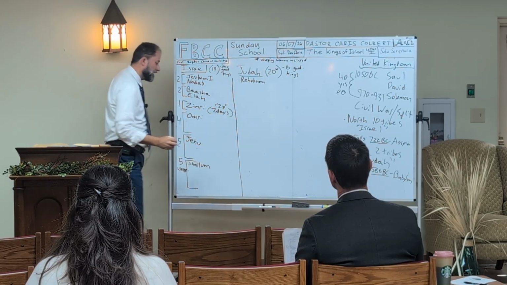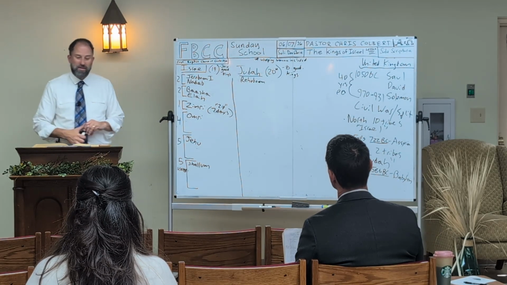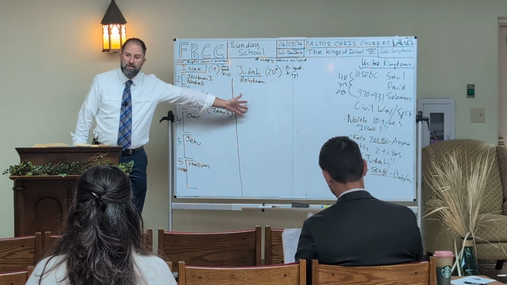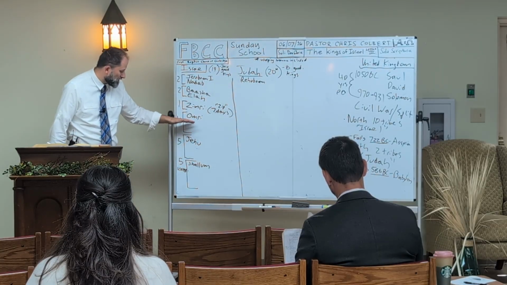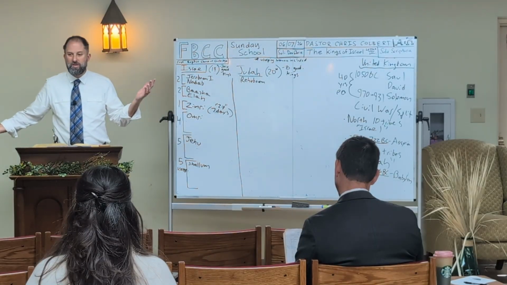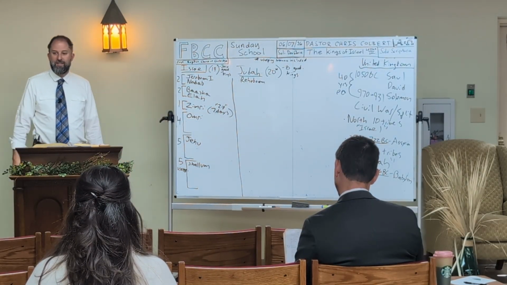Remember the Z, Zimri. And then this first house, it should be pretty easy because it works out in a pattern related to the other kingdom and brings us right to Jehu. So who is one of the most famous, or I should say infamous, of the evil sons of the kings?